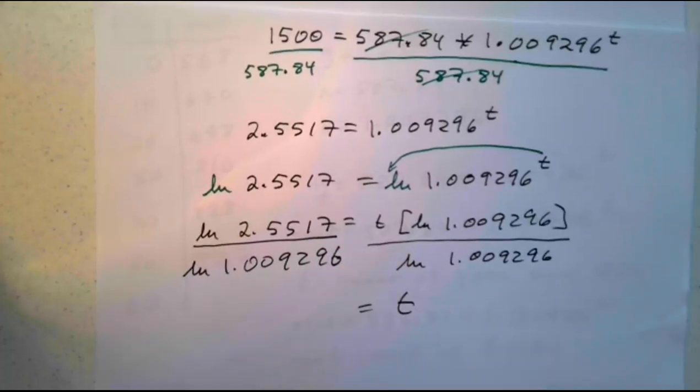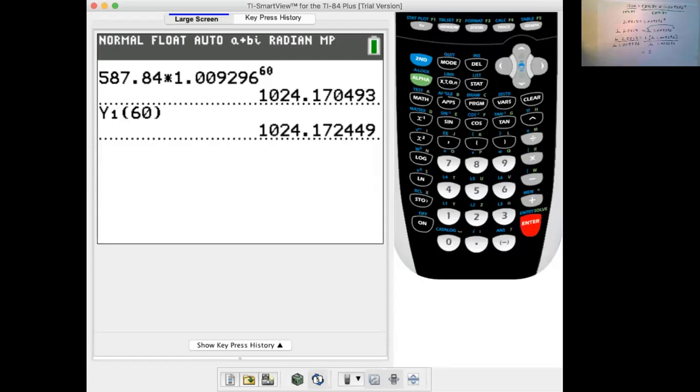And we might as well go back to the calculator to do that. So on top, in parentheses, natural log 2.5517, divided by, on the bottom, natural log 1.009296.